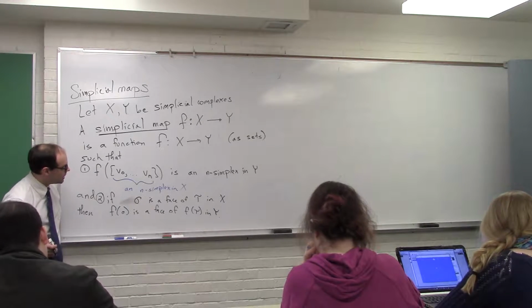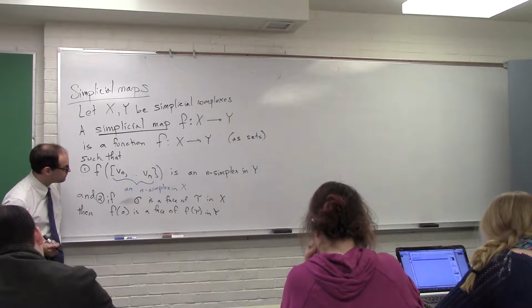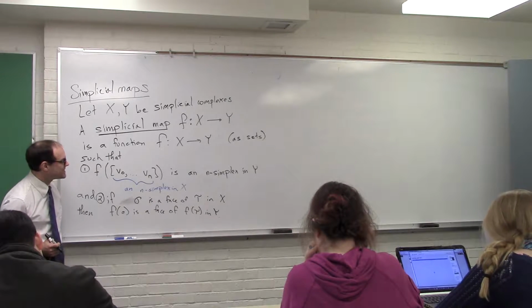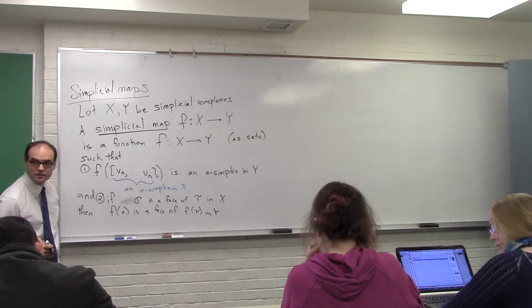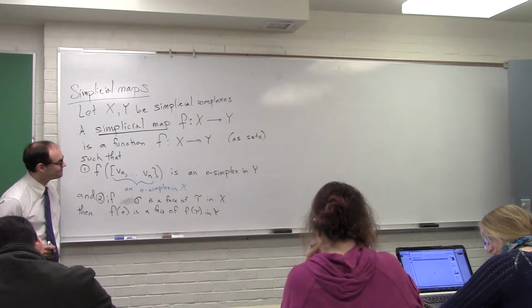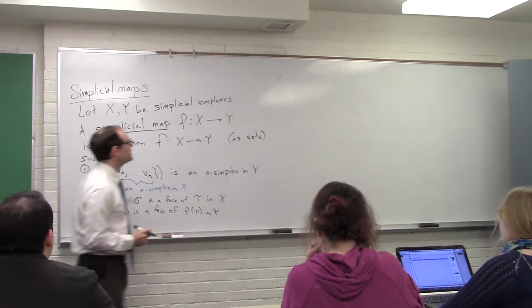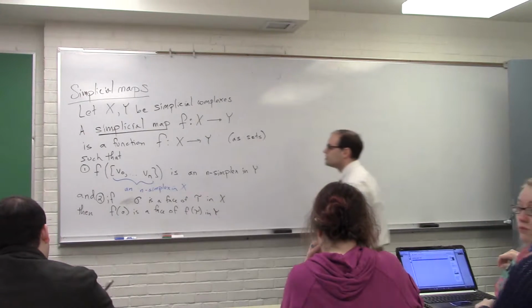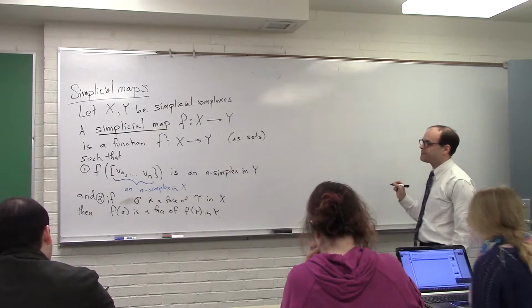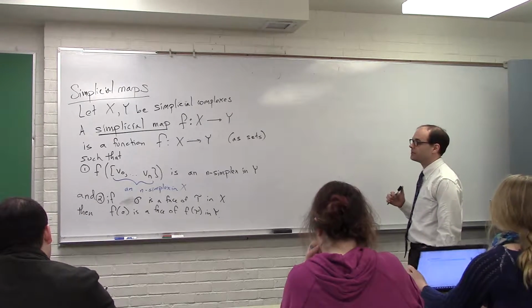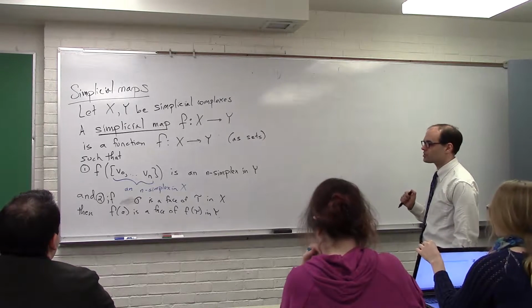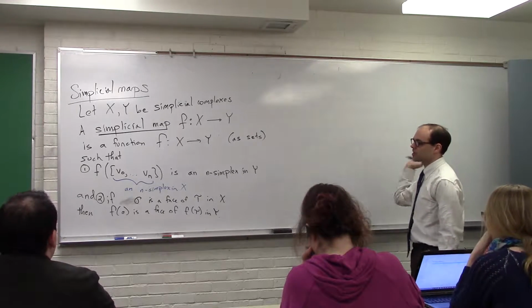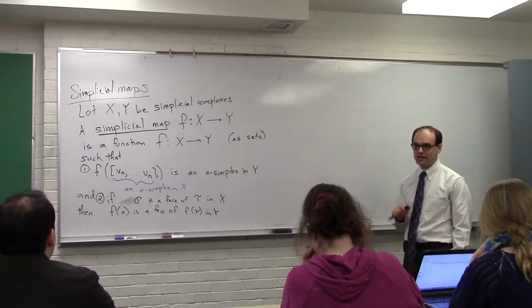Great. If you look at this, you can see what this is really doing. This is really acting on the vertices in some reasonable fashion. So you can see right off that f automatically is a function on the vertices, taking each vertex in x to each vertex in y, and the vertex relations get dragged along for the ride.